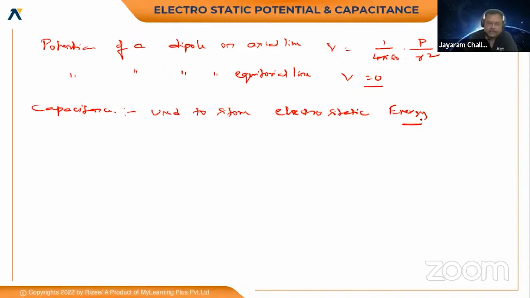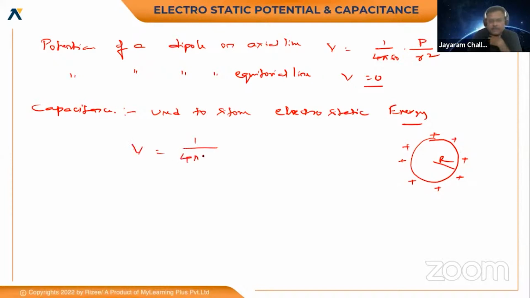For an isolated conductor, which is a charged conductor having a radius r, the potential can be written as 1 by 4 pi epsilon naught into charge by radius, or I am writing it as kq by r.